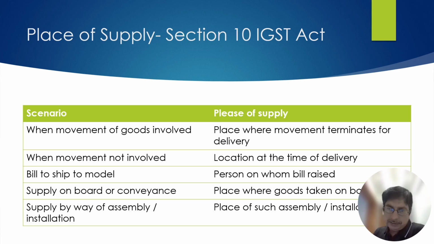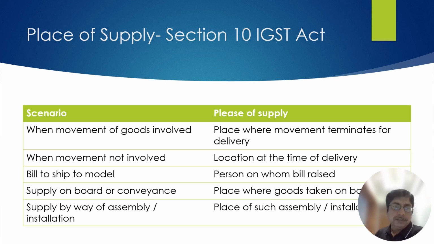Here the lawmakers made it very clear that the place of supply in this case is Chennai, that is Tamil Nadu, from where the journey starts, from where the goods are loaded. It is Chennai.